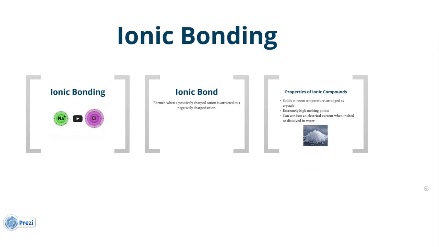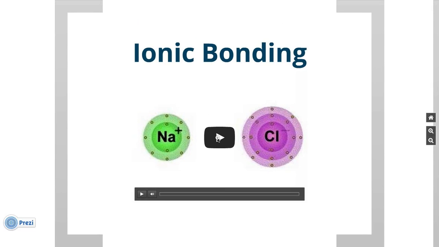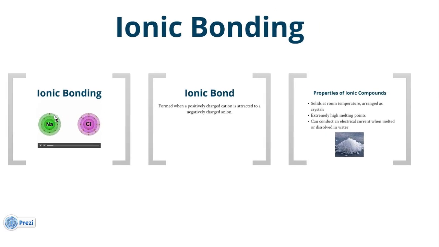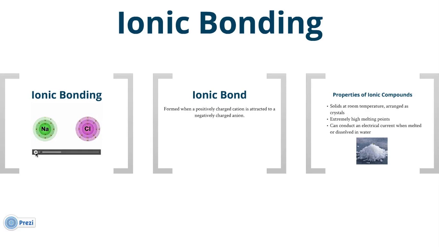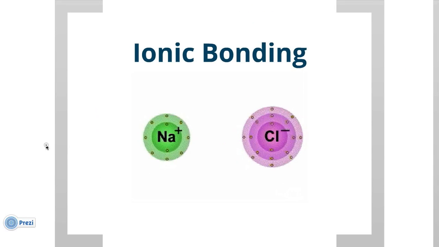Recalling everything that we know now about ions, the concept of ionic bonding should be simple to grasp by now. Atoms such as sodium may lose electrons and become positively charged ions. Other atoms such as chlorine may gain electrons and become negatively charged ions.